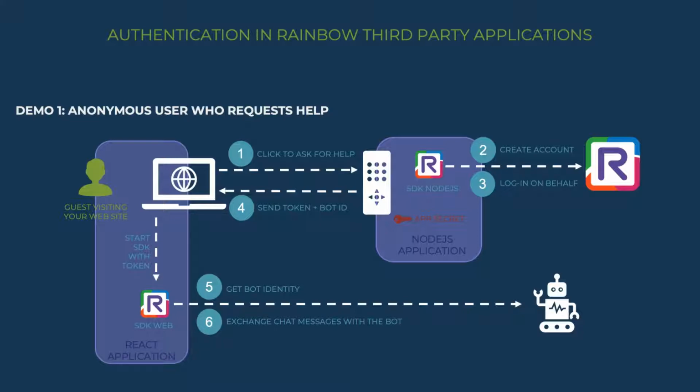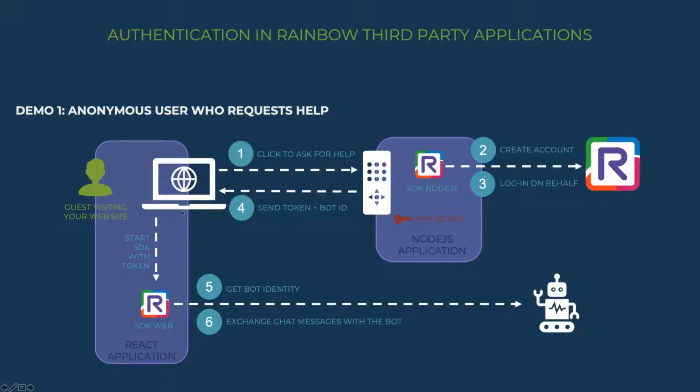So in that demo, we will use a web application based on React.js that will ask the backend, your backend application, for a Rainbow token. So the backend application will ask Rainbow to create an account, to authenticate him, and then once the backend receives the token, send it back to the application.